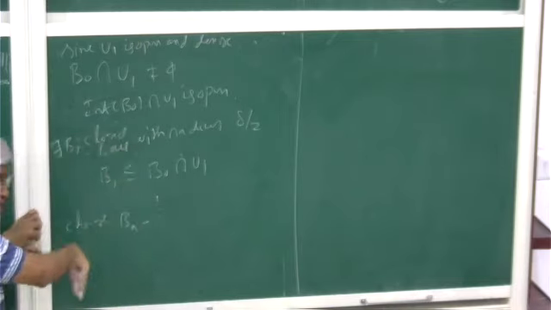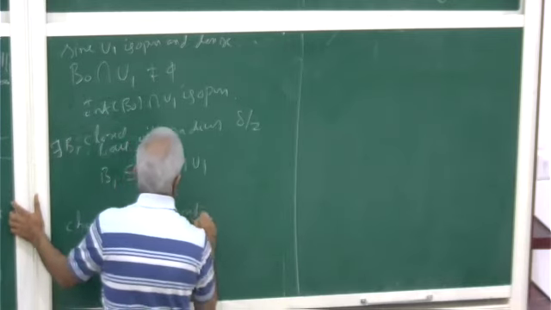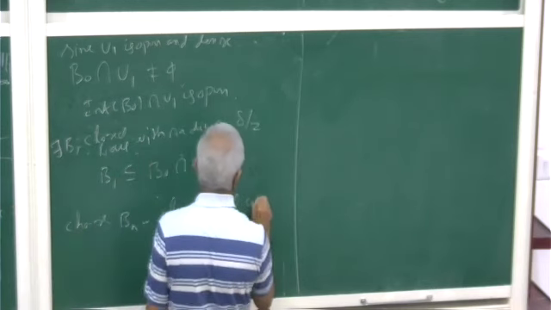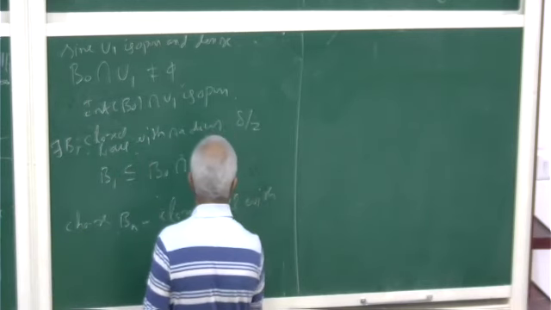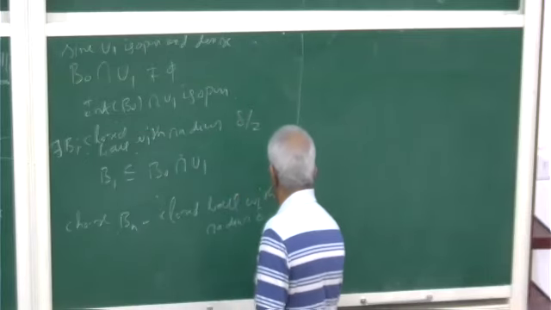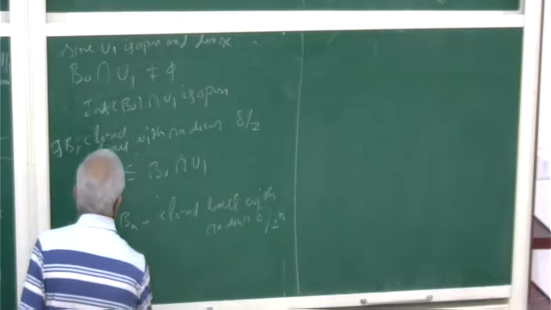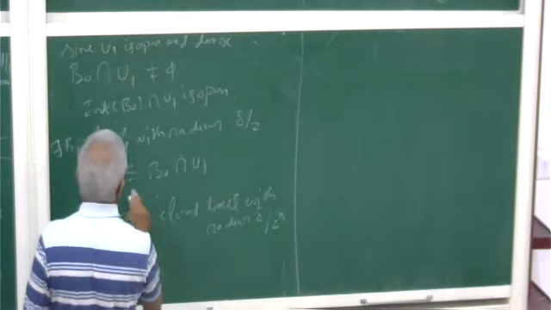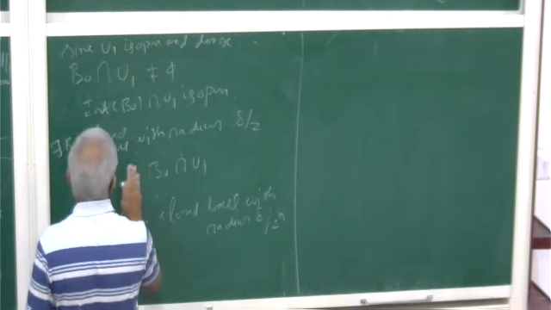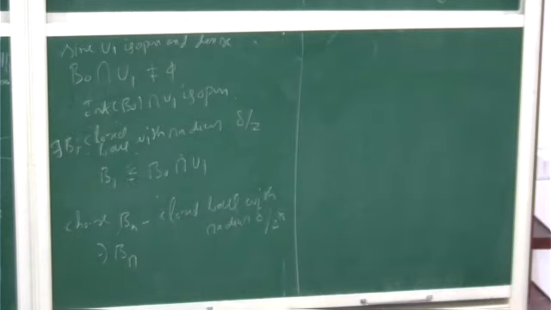You go on doing this: Bn a closed ball but with smaller radius, delta by 2 to the power n, such that Bn is contained in that.